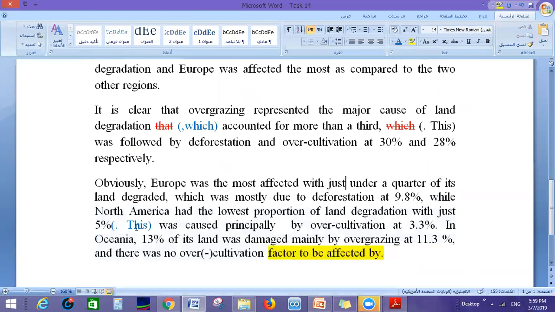Here you have a verb without a subject. So I'm just going to put, this was caused principally by overcultivation at 3.3. In Oceania, 13% of its land was damaged mainly by overgrazing at 11.3. And there was no overcultivation factor to be affected by.